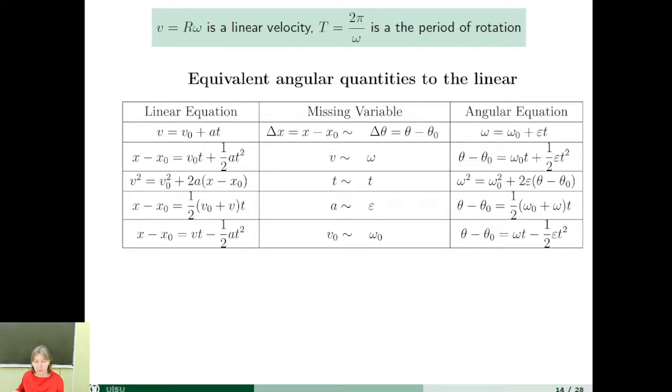Look at these tables. This shows the equivalence of angular quantities to the linear: linear velocity to angular velocity, but the time does not change, and acceleration to angular acceleration, and these initial values. And look at this equation of kinematics.